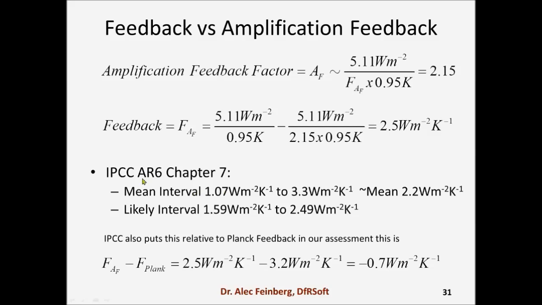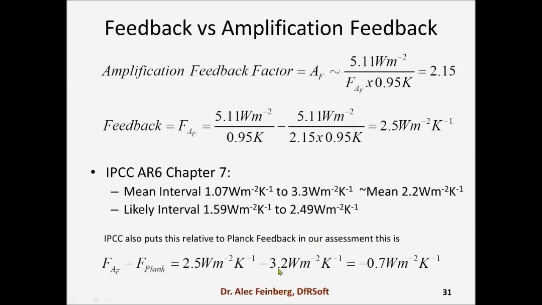Now we can make comparisons to the IPCC advertised number, which they provide as an interval, and the interval mean was about 2.2 watts per meter squared per degree K. So we can see that this number is a little bit on the high side, but it's well within their estimate. Sometimes the IPCC adds in what's called the Planck feedback.